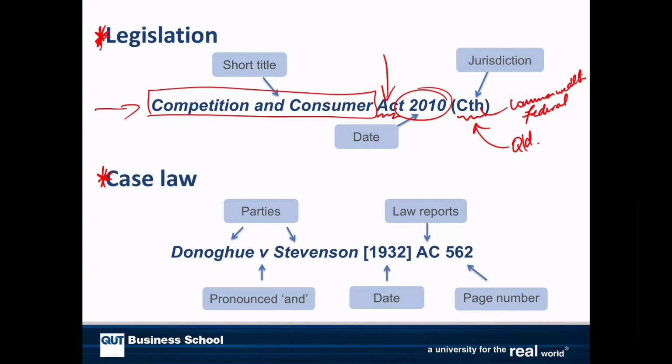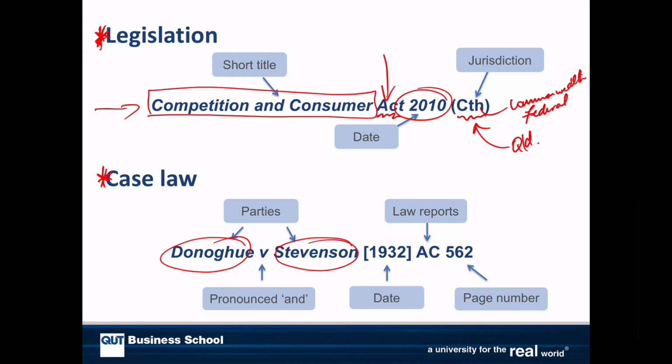Now below this we have a typical case. This is in fact an English case, and it's a very famous case that we'll come to when we do negligence. So the first thing that we can see are the parties to the case, right? Donoghue and Stevenson.